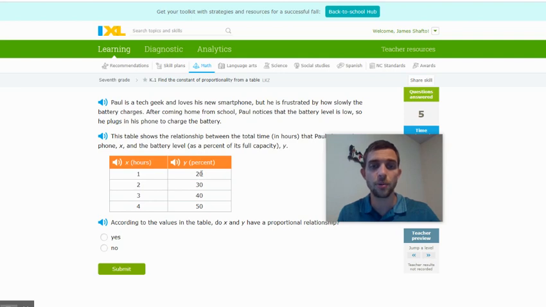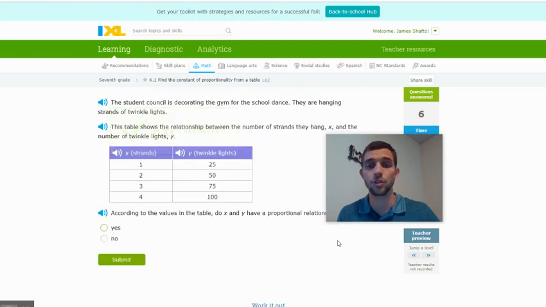He gets 20% in 1 hour, and then he gets 30% in 2 hours. So let's divide. 20 divided by 1 is 20. 30 divided by 2 is 15. That's not the same. So we just say no, it is not proportional.